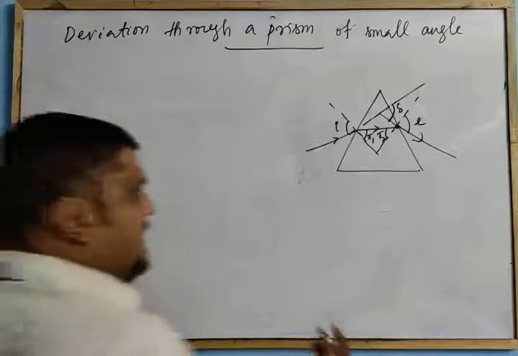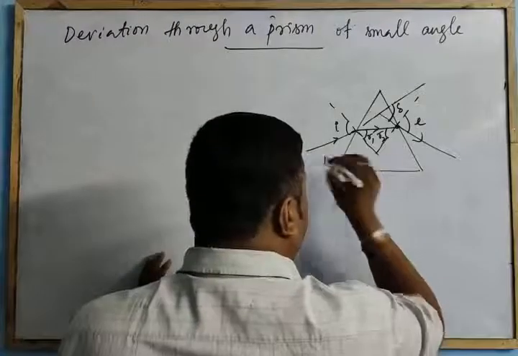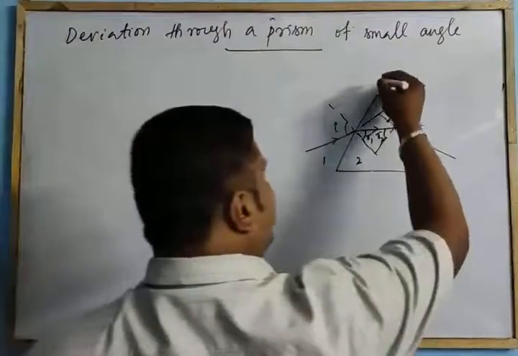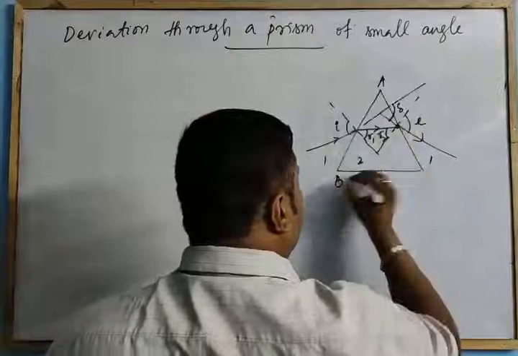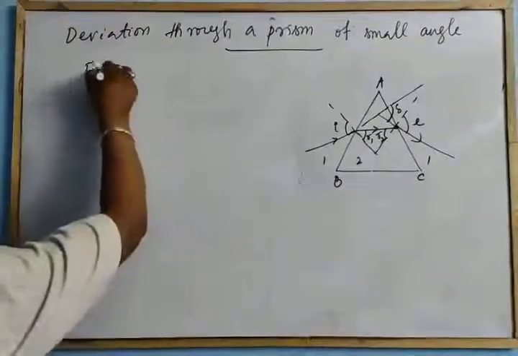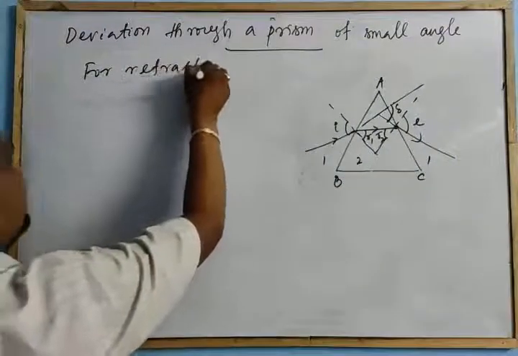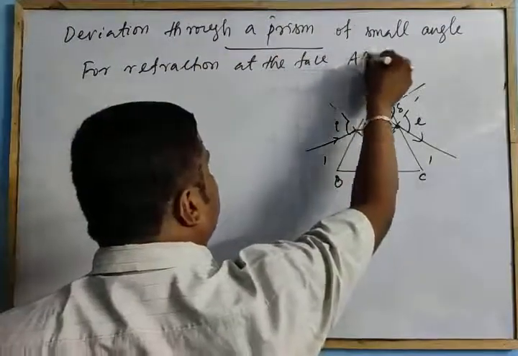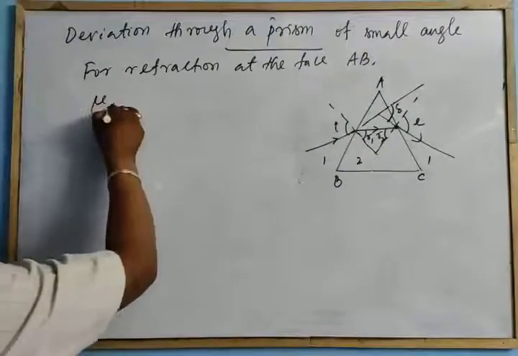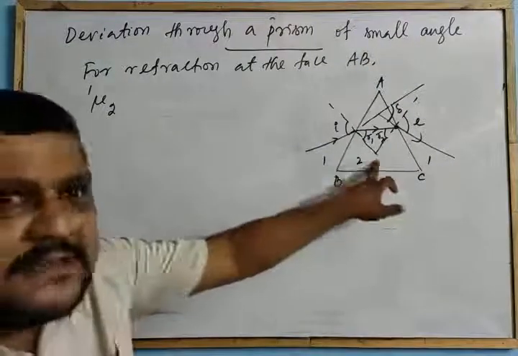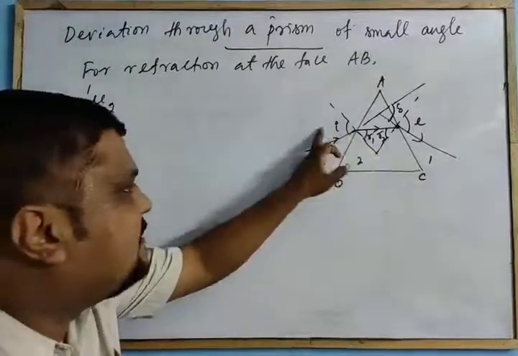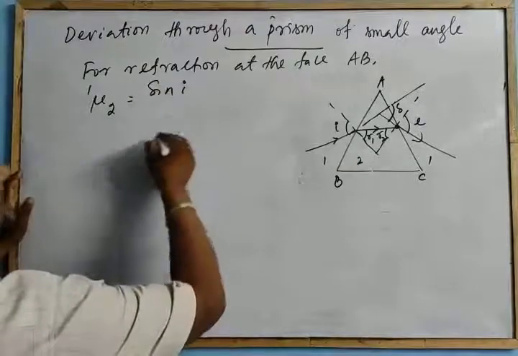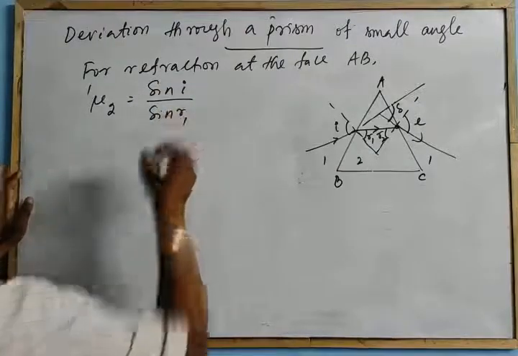Now for this one, let me consider this is the medium 2 and this is medium 1. For refraction at the face, let me give the name ABC. For refraction at the face AB, using Snell's law, refractive index of the material of the prism with respect to air, glass with respect to air, or 2 with respect to 1, is equal to sin I by sin R1.